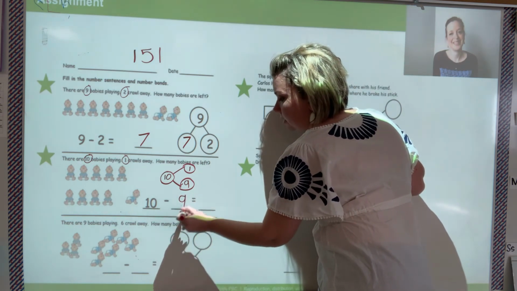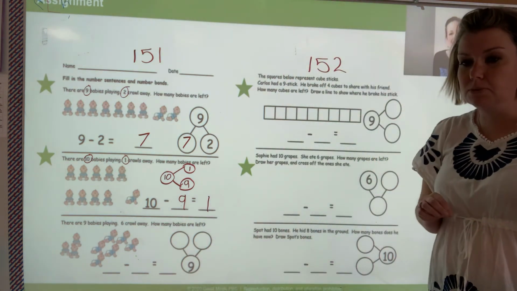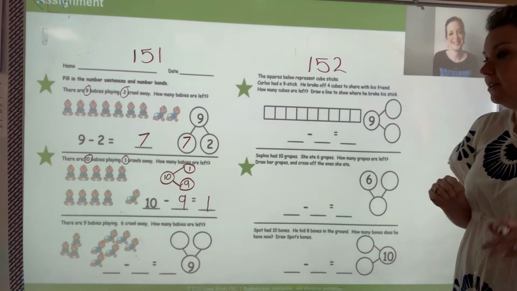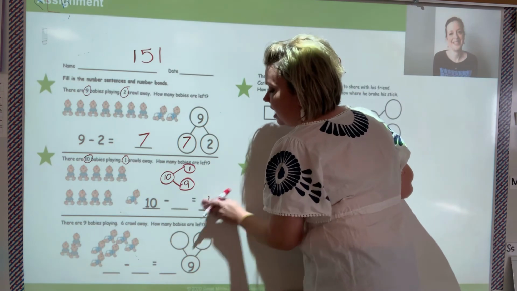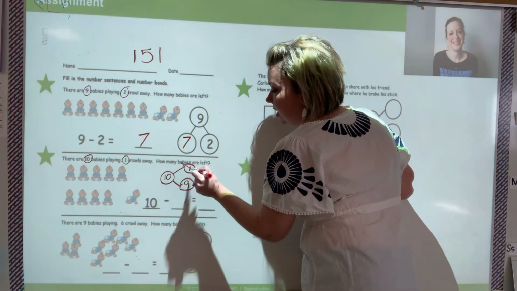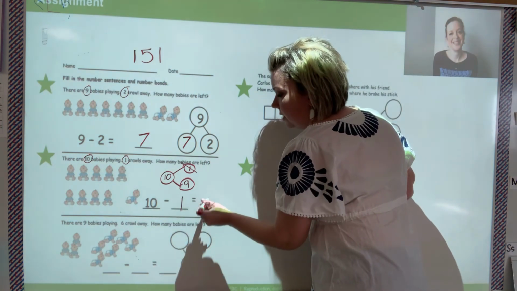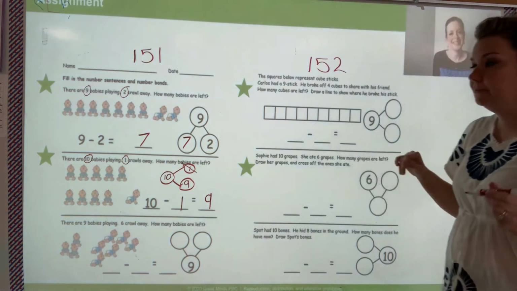Is that right? 10 minus 9 equals 1? Does that match? No. 10 minus 1 equals 9. Oh, I need to make sure I cross out the part that crawled away, so that I know where to put it in my number sentence. Thank you, Landon.